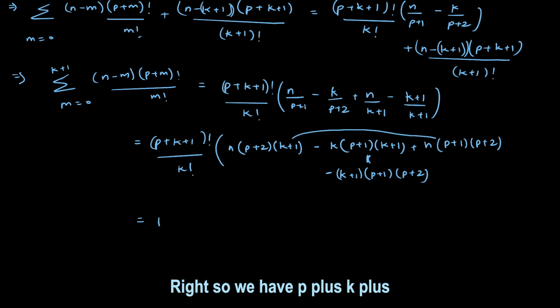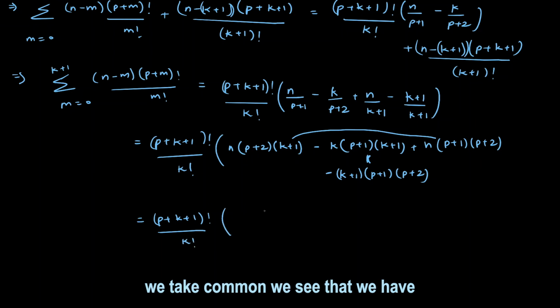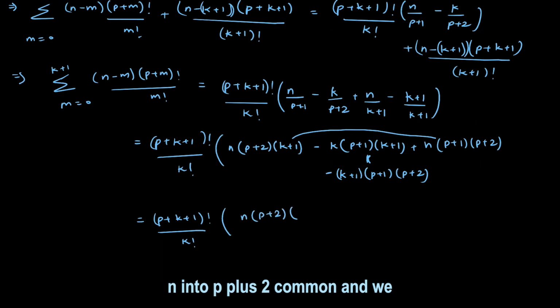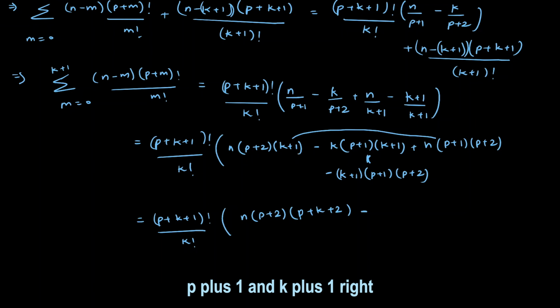So we have (p plus k)! divided by k! into, when we take common, we see that we have n into (p plus 2) common, and we get (p plus k plus 2) here, because we added (p plus 1) and (k plus 1), right?